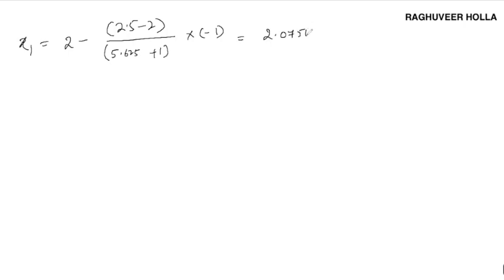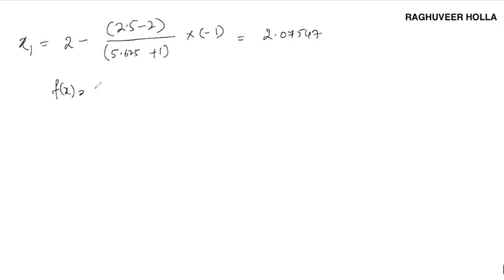Here the first approximation x1 is a, which is 2, minus (b minus a, which is 2.5 minus 2) divided by (f of b minus f of a, which is 5.625 plus 1), multiplied into minus 1. Which results in 2.07547.